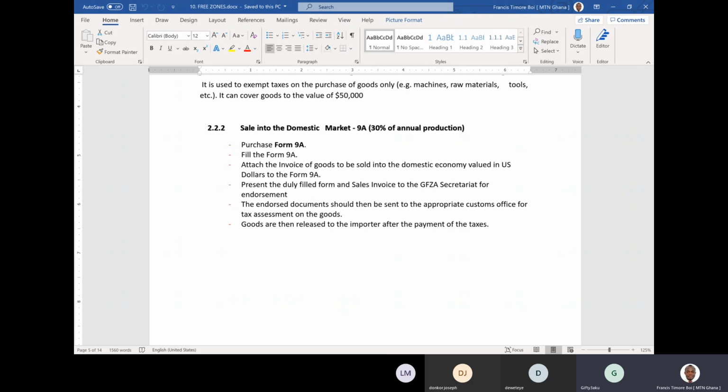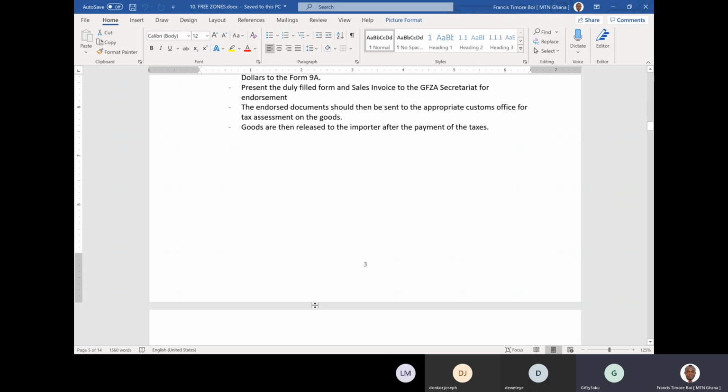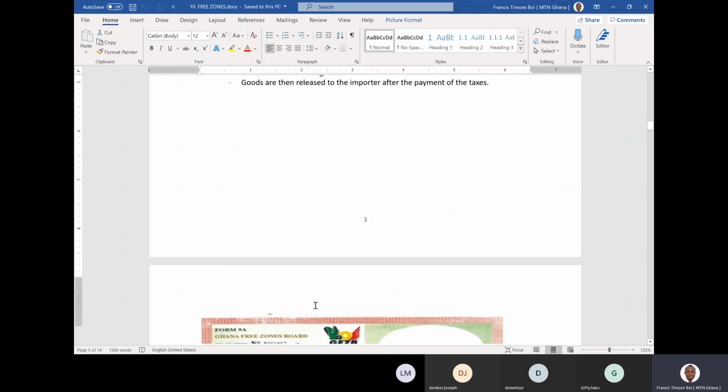Then the goods will have to go to the customs officer to inspect. Because when you are bringing it into the local market, we are importing, so it has to be taxed. They'll calculate customs duties and everything on it. Before they release the goods, you should have paid the taxes. And this is how the Form 9 looks.